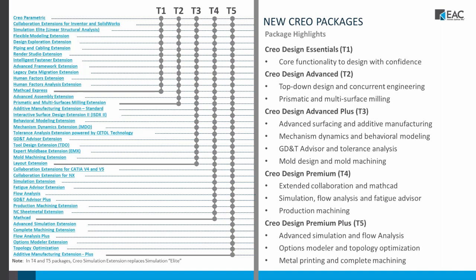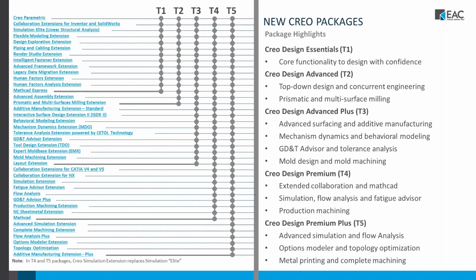So the first one is called the Design Essentials, Tier 1, and that's just core capabilities. Tier 2 adds to that top-down design, more advanced assembly type work, and then also some prismatic machining. Tier 3 has Tier 1 and Tier 2 in it. In addition, it has some advanced surfacing, some mechanism dynamics, GD&T, and some mold design and machining.